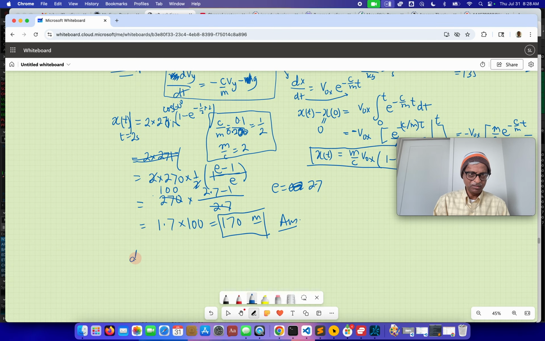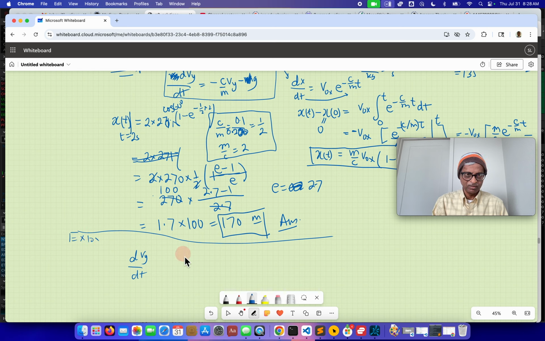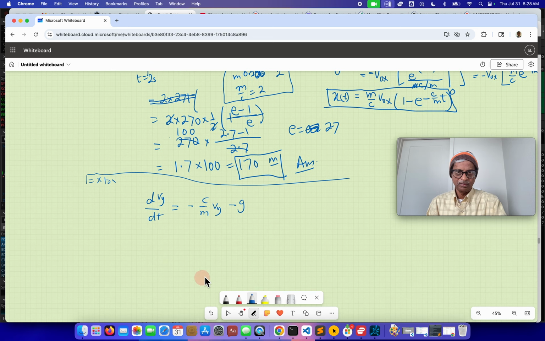So here's dvy dt. This is just extra. It's not part of this problem. And we have minus c over m vy minus g. Okay. So one way to do it is somehow absorb this.